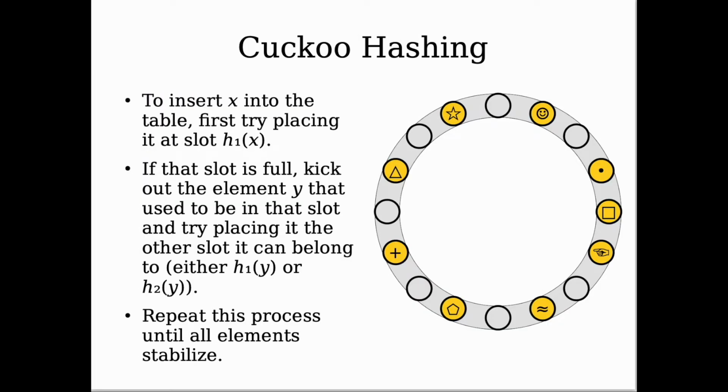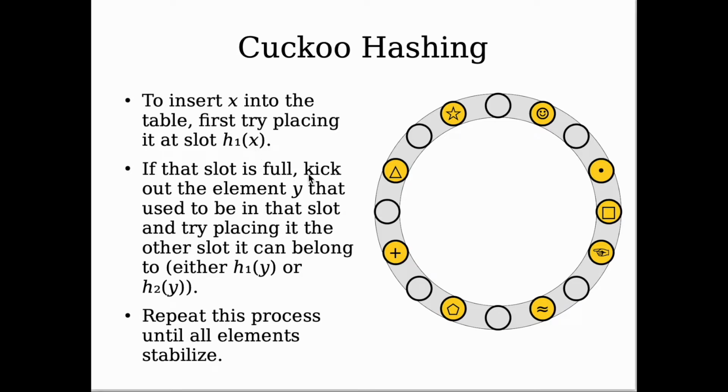But if we wanted to insert an element in our hash table using Cuckoo hashing, the idea is to first use our first hash function h sub 1 for our key x.